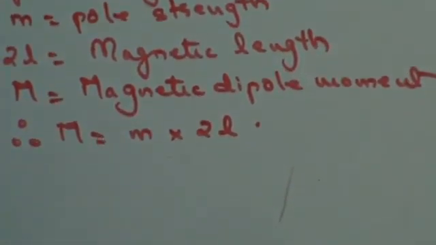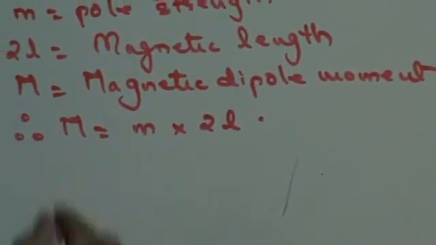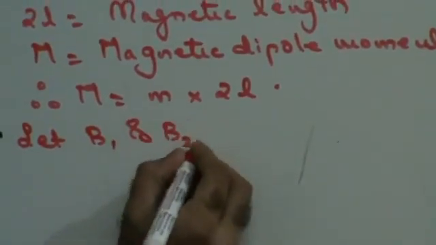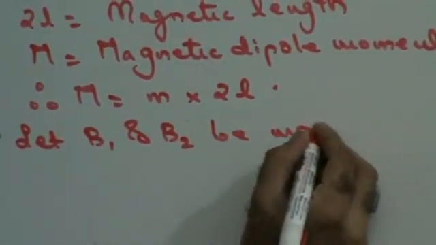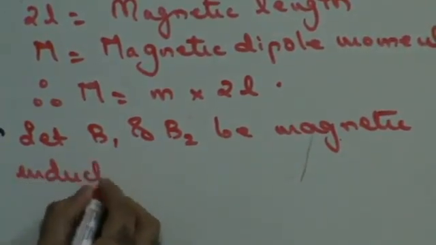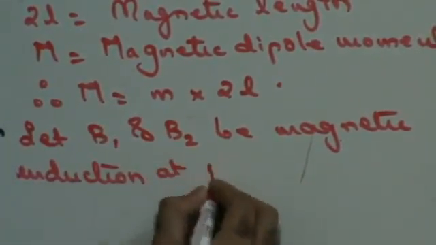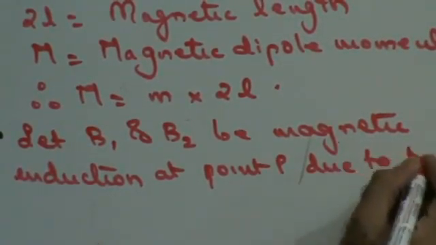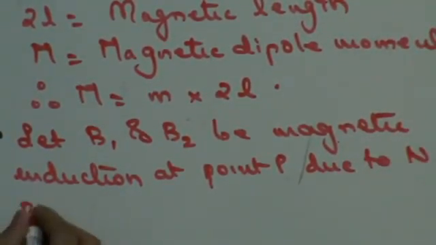Now, let B1 and B2 be the magnetic induction at point P due to north and south pole. Fine, do we get this in here?